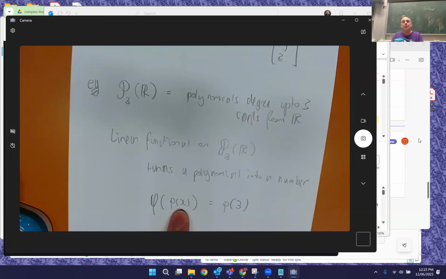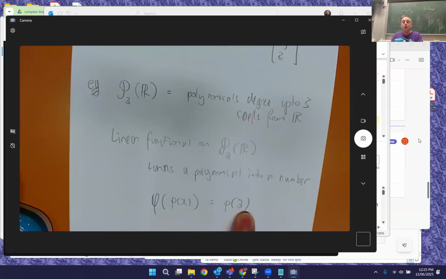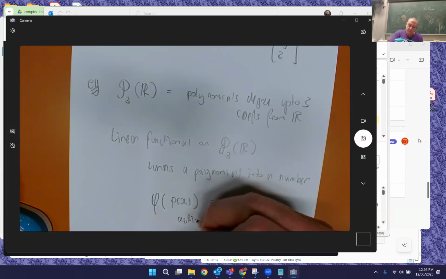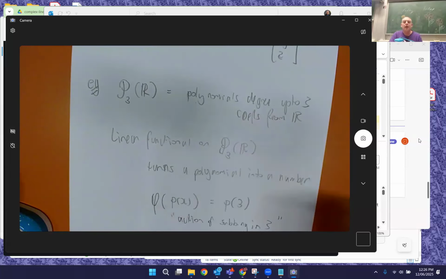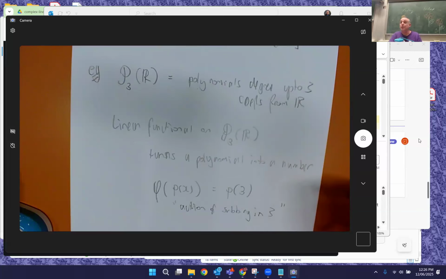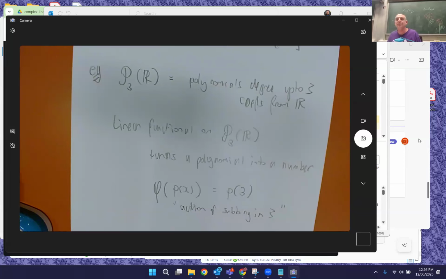This takes a polynomial and produces a number by subbing 3 in, or 4 or -1 or whatever you want. The action of subbing in 3 is a linear functional. Because if I add 2 polynomials first and then sub in 3, it's the same answer as if I sub in 3 and then add them. And it works for the multiplication as well. So that's one of them.